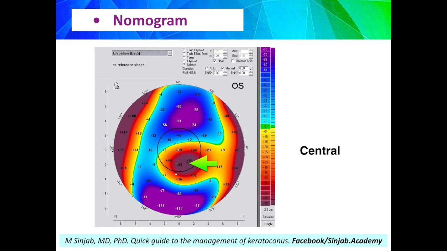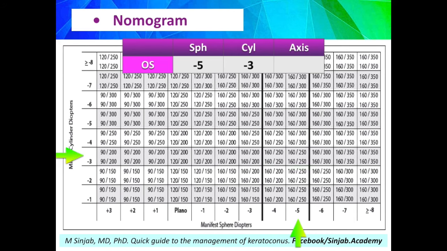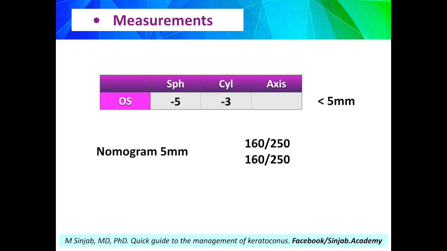And for the nomogram, since it is a central cone, we go for nomogram C. And this is nomogram C. The patient has -5 diopters sphere, -3 diopters cylinder. So if we are going to use the 5 millimeter type, we need to use 2 similar segments. Each one is 160 degree, 250 microns.